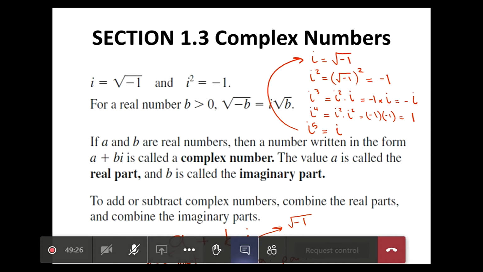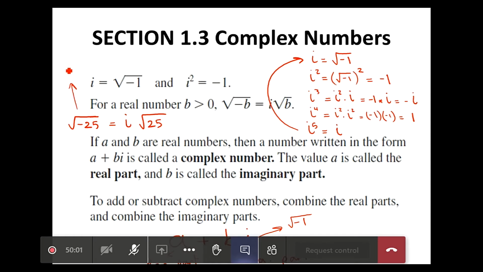Now if we have a real number, for example, radical minus 25. If we have a negative inside the radical, this is a complex number. What's the value of radical minus 25? We can remove the negative inside the radical, but we must put i and radical 25. Why?